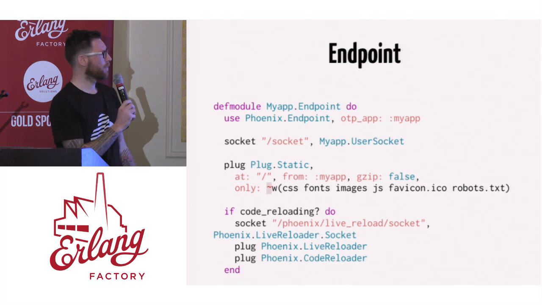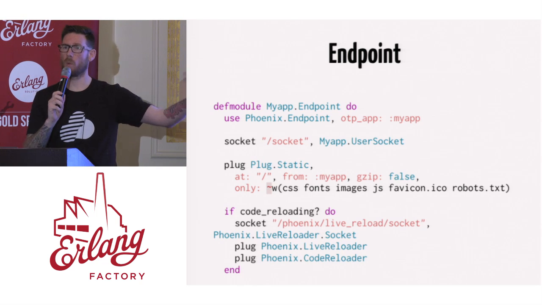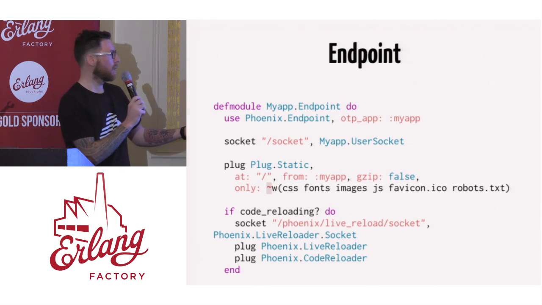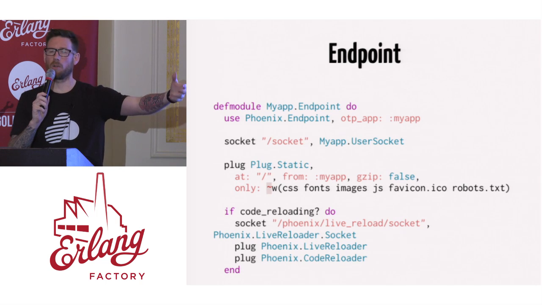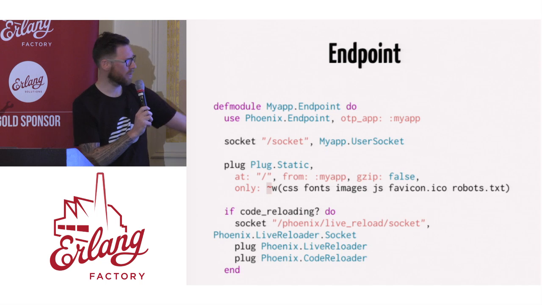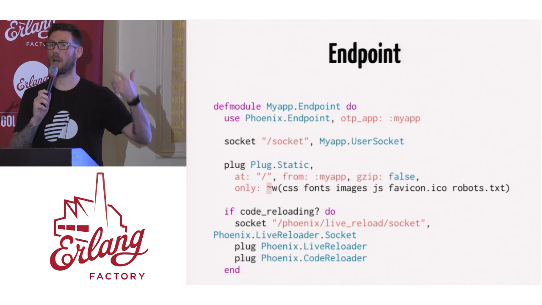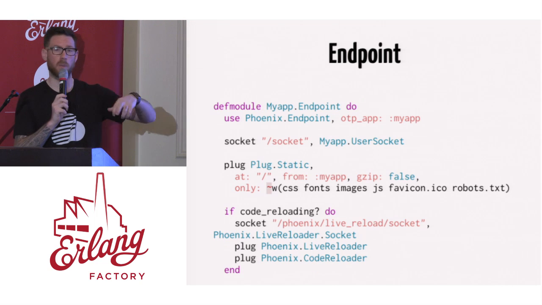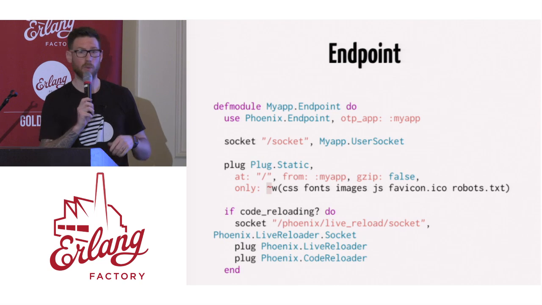So we have this first thing here, the socket, which is for the WebSocket stuff that we'll get into later. But we have Plug.Static, which will handle static assets like CSS and JavaScript and things like that. We also have a section for when you're in development that you can turn on code reloading and live reload. So as you're developing, you make changes to different files, it'll automatically reload the browser for you.